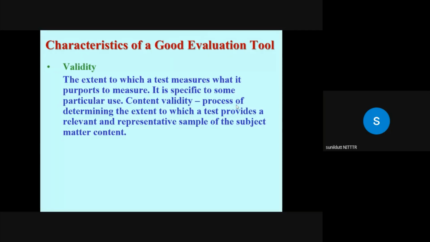How we can ensure that? First of all, you will need to develop a table of specification. I think in today's context, every syllabus which is developed by a good institution contains a table of specification. उसमें क्या होता है? There is a table, there are units, okay, and the weightage to each unit is also given. And if it is not given, you can develop yourself.